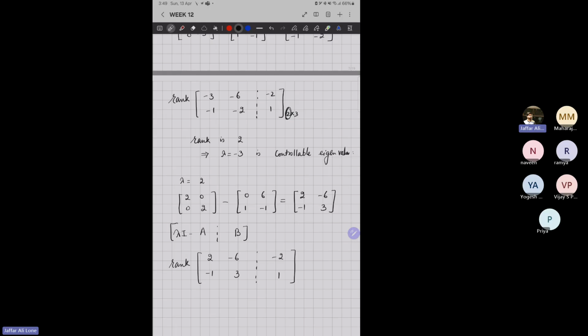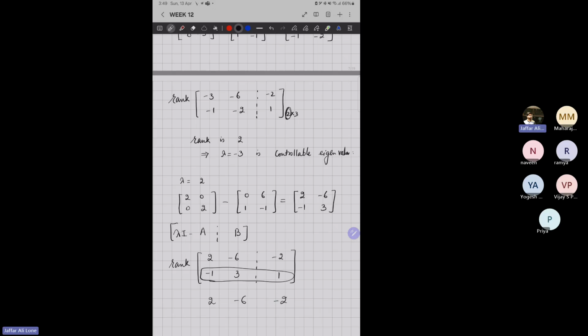You multiply it with 2. Okay, yes. So see, if you multiply this with 2, what we will get? Or minus 2, we'll get 2, we'll get minus 6, we'll get minus 2, right?